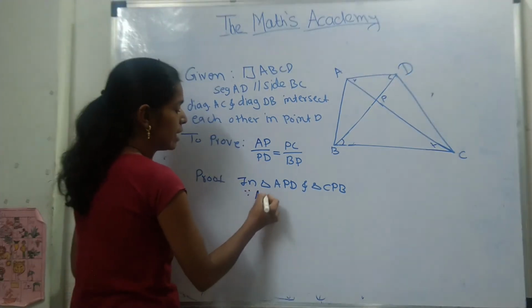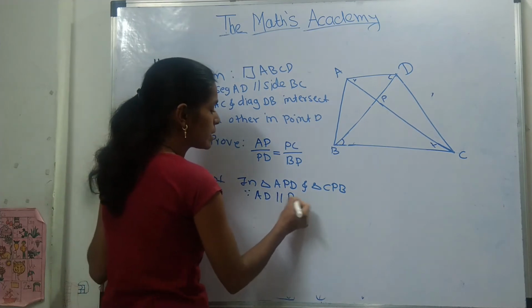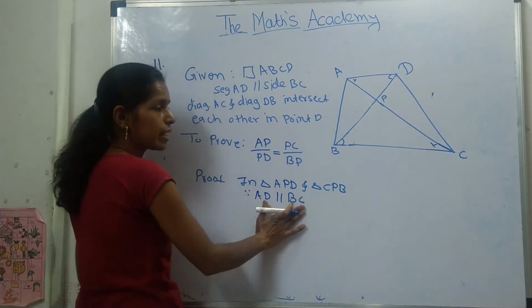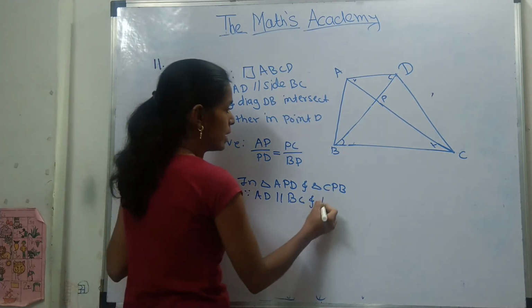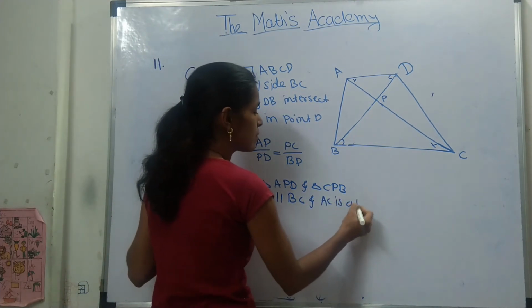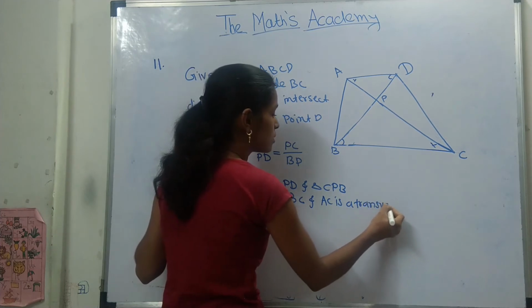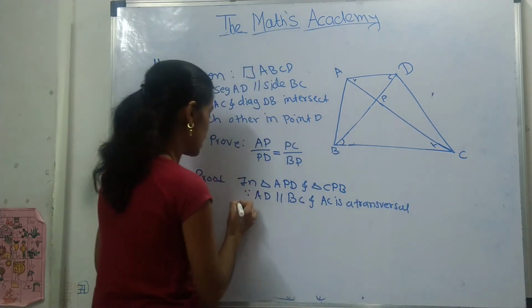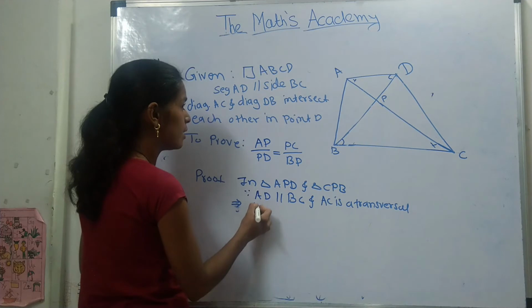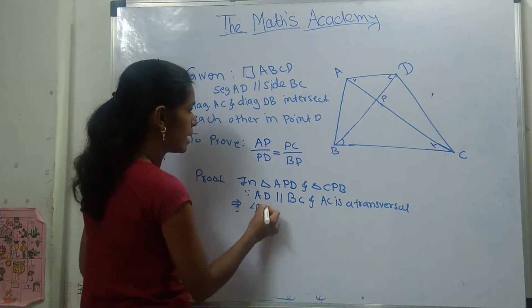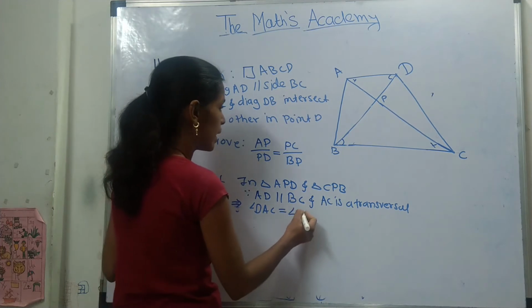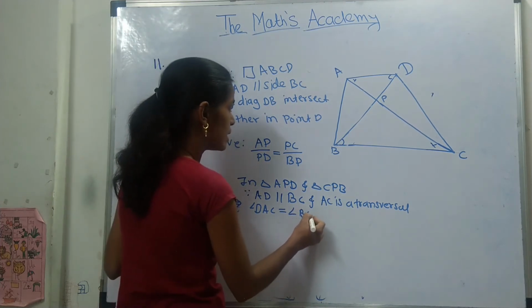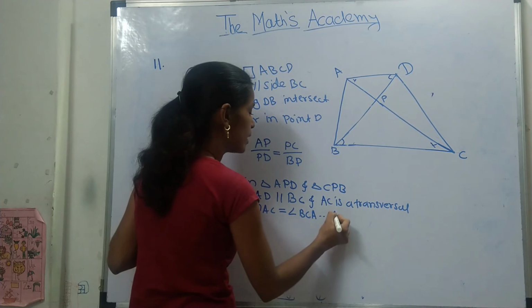So here we will write, in triangle APD and triangle CPB, since AD is parallel to BC and AC is a transversal, this implies that angle DAC is equal to or congruent to angle BCA, alternate angle test.